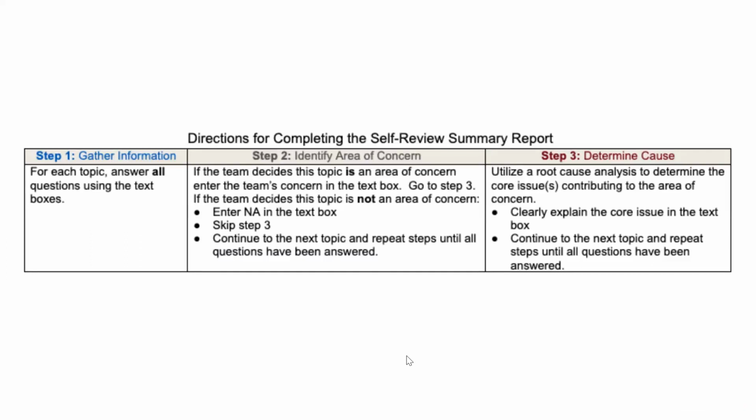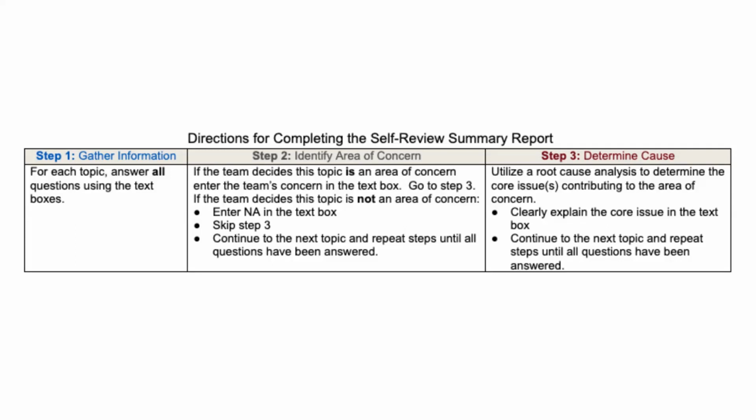So these are some directions for completing the self-review summary report. Basically, you're getting all of your information and your data together. By going through the questions and prompts found on the SRSR, you will answer those questions and determine if it is an area of concern.